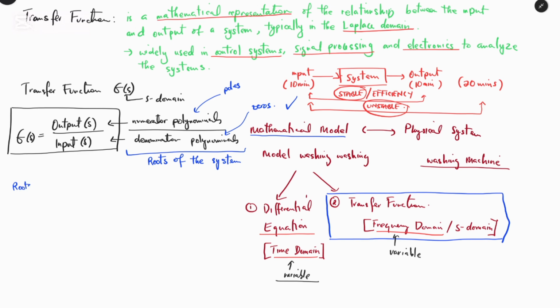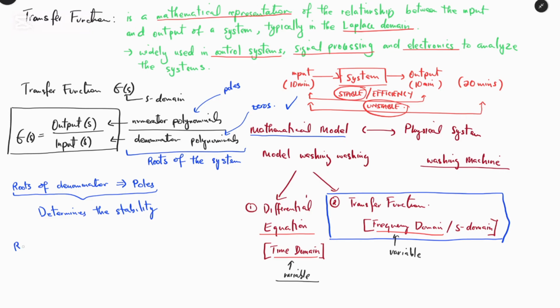The roots of the denominator, which are called the poles, determine the stability of the system.